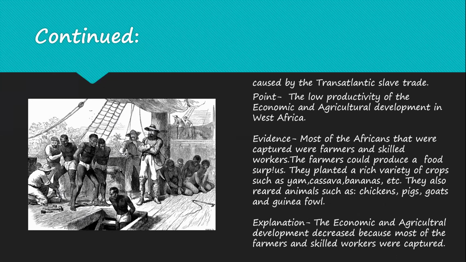The farmers could produce a food surplus. Sorry, I don't remember what that is. They planted a rich variety of crops such as yam, cassava, bananas, etc. They also reared animals such as pigs, chickens, goats, and guinea fowl.